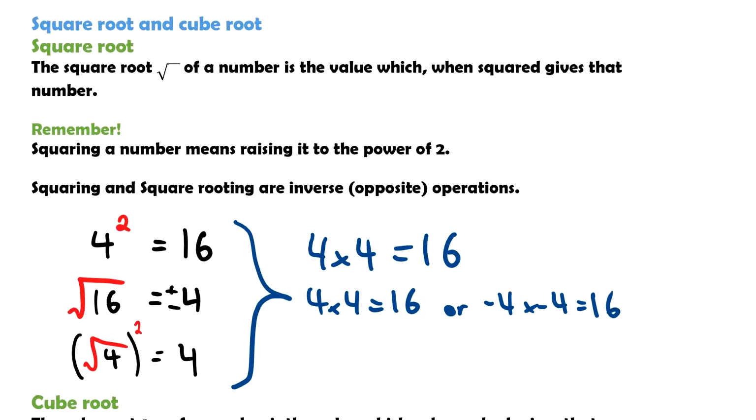So when you're square rooting something, your answer should be a plus or a minus, because both 4 times 4 and negative 4 times negative 4 equal 16.